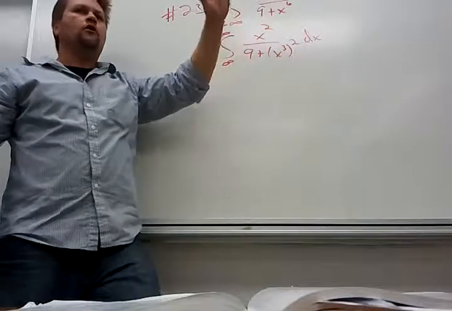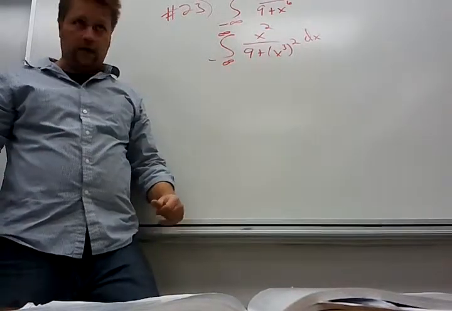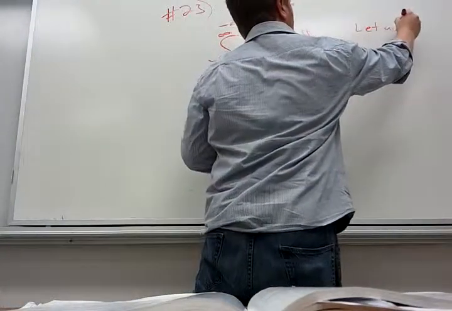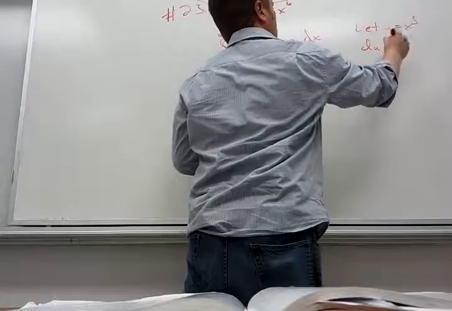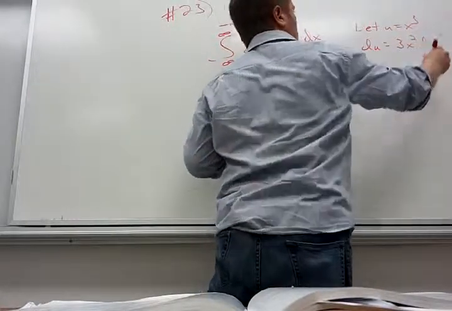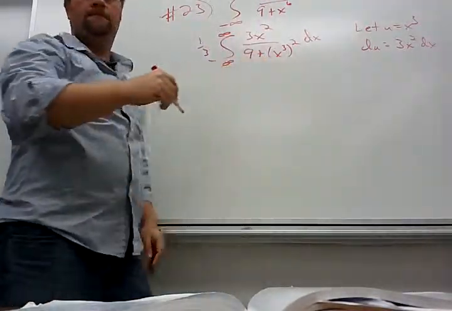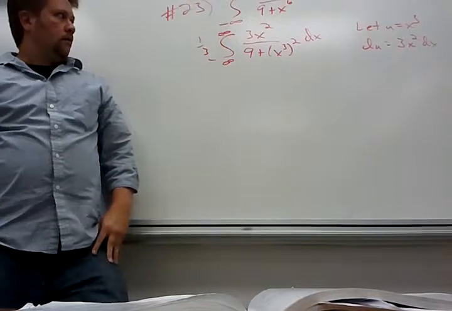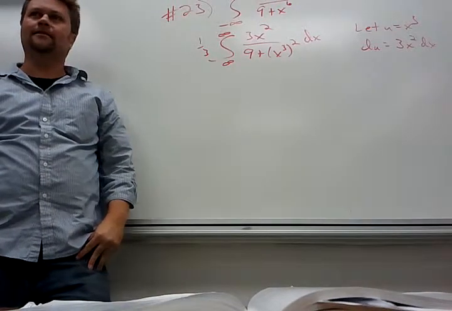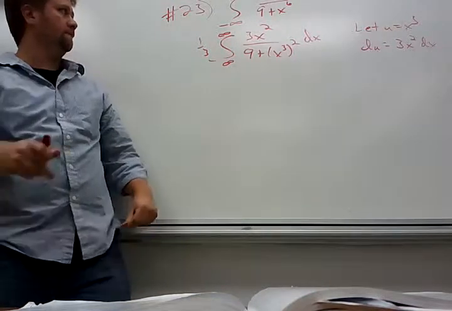Okay. So now what do you want to let u equal? X cubed. So if I let u equal x cubed, what's du? 3x squared dx. And there's the x squared. I can have a 3 show up easily enough. Then you'll be left with something that looks interesting, right?